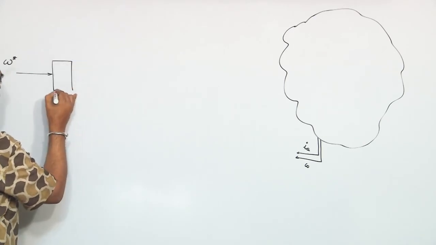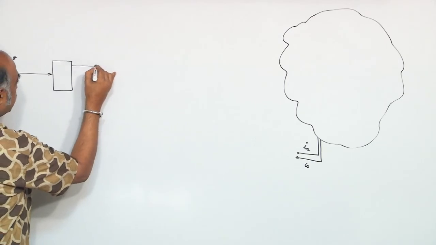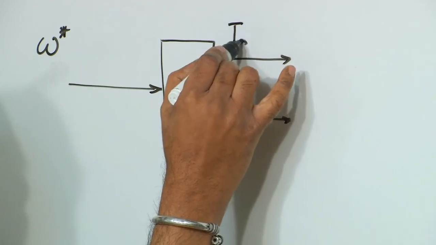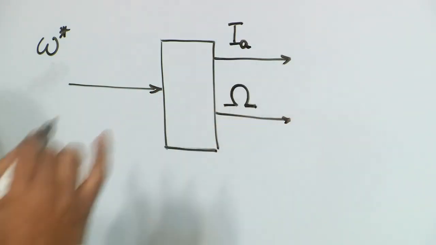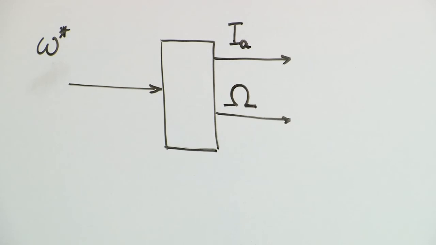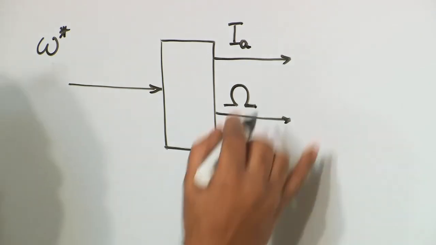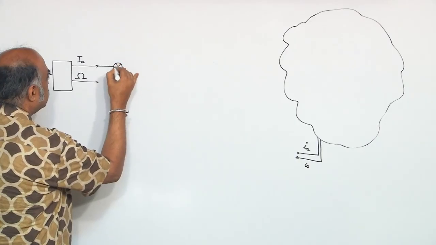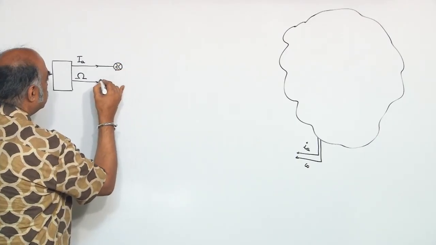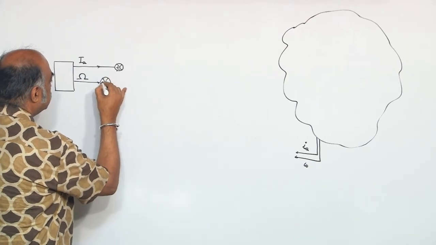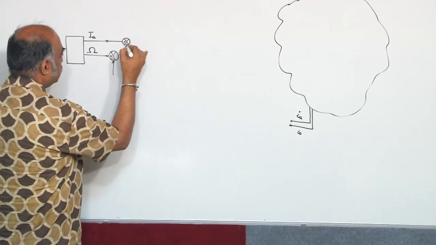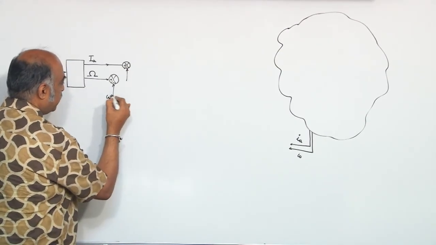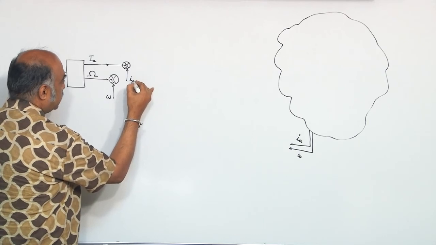There has to be something here which will give you nominal operating point values, okay. So, you will feed back this omega and IA.